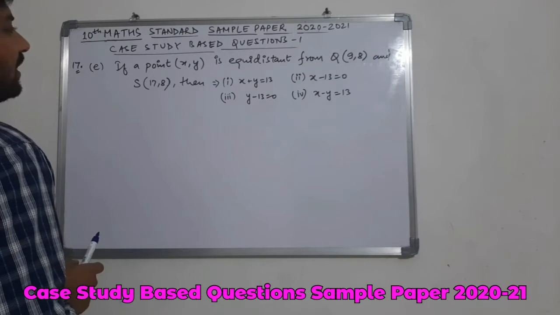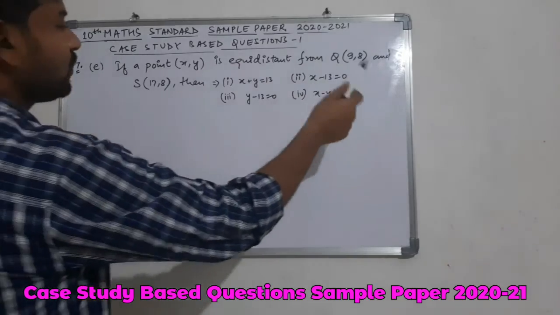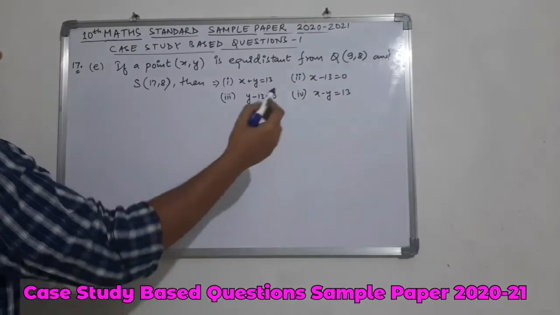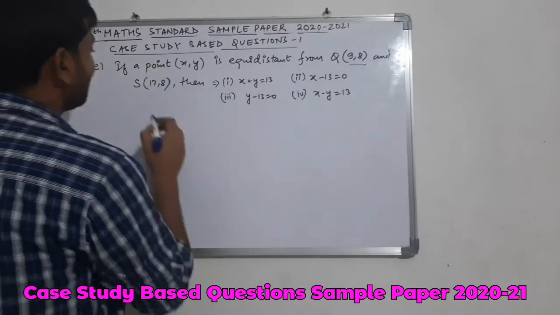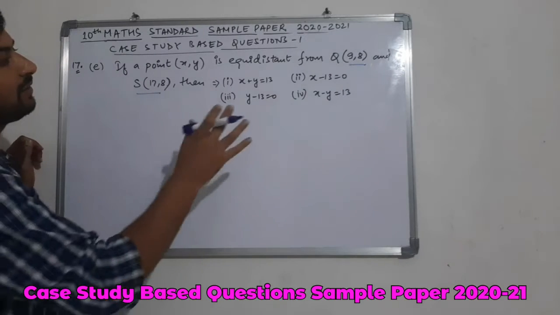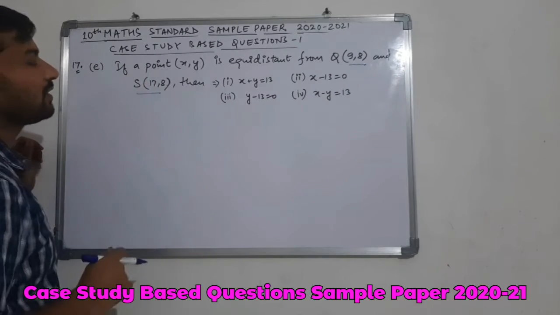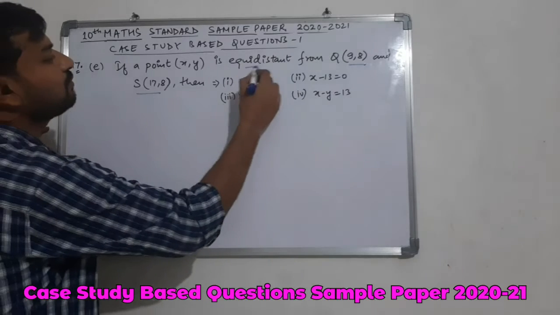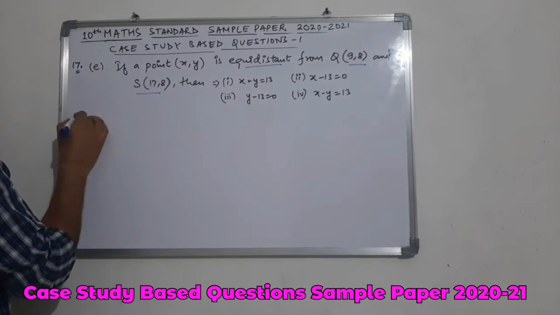If a point x, y is equidistant from Q and S, the coordinates of Q are 9, 8 and the coordinates of S are 17, 8, then we have the relation between x and y. This is a question of the distance formula.